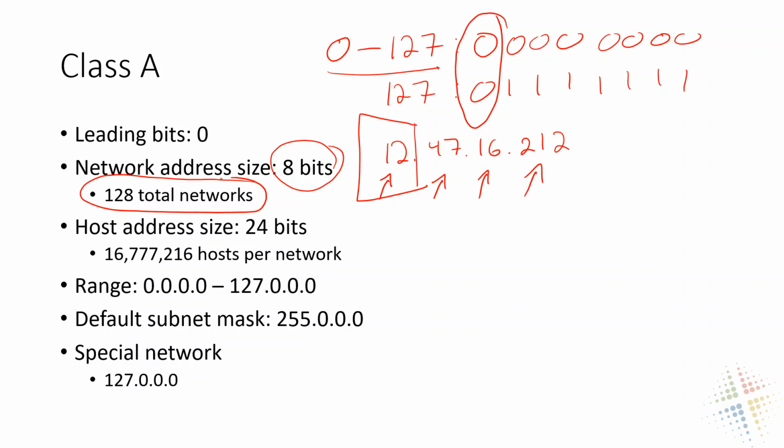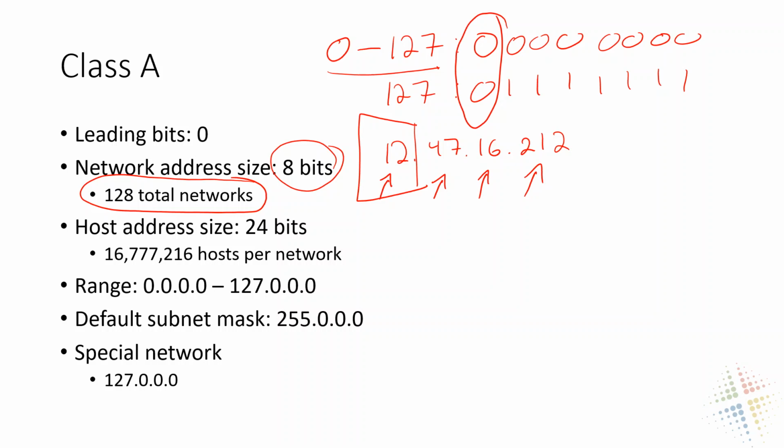Which means when these addresses were assigned, we had large organizations, such as countries. We then had medium organizations and then small organizations. And we could only have 128 large organizations.